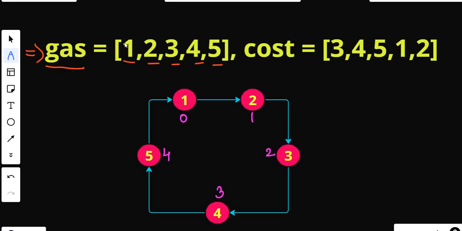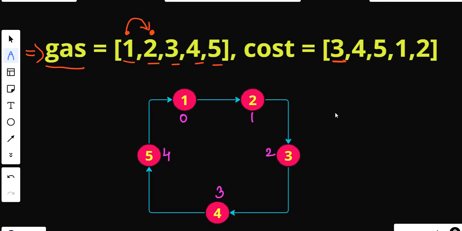Similarly, if we want to travel from this station to this station, or from I to I plus 1 index, then we need some amount of gas, and the cost of that is given in this array.